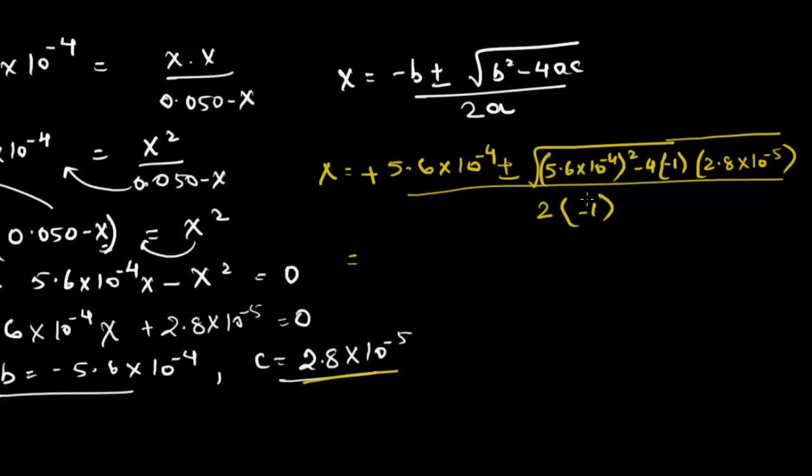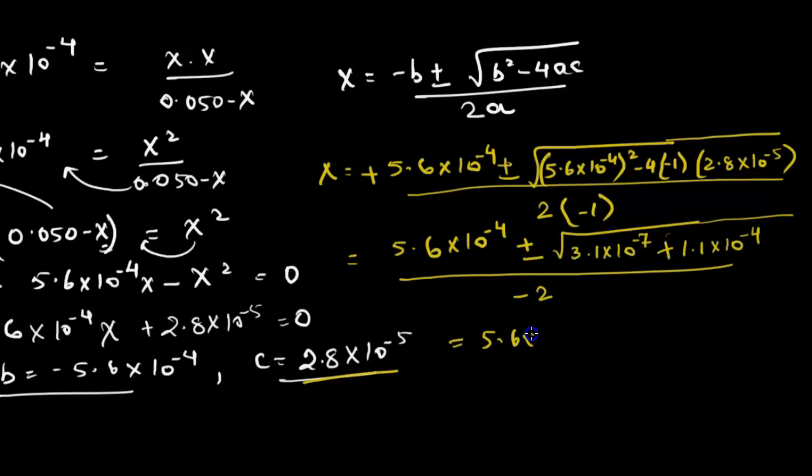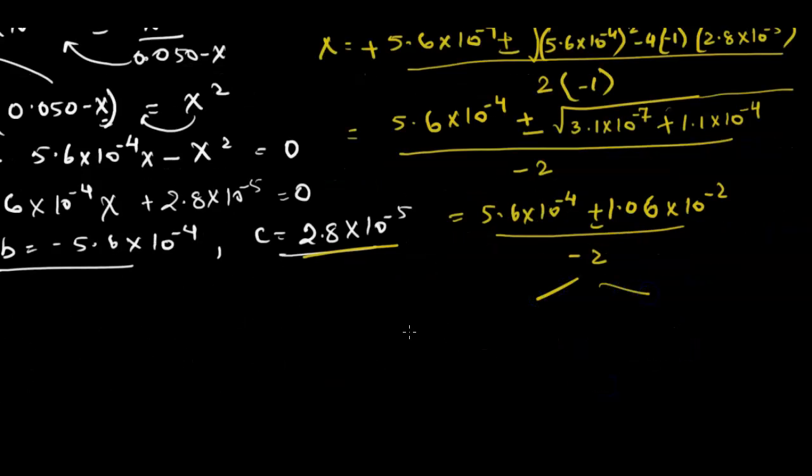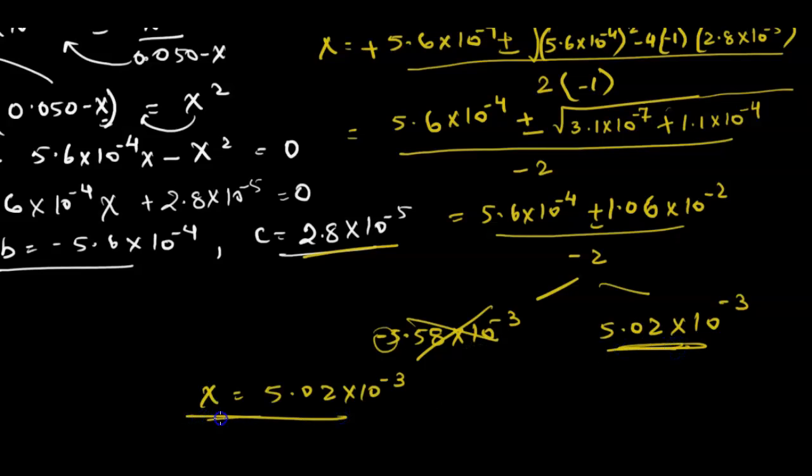When we put this all on the calculator, we get 5.6 times 10 to the power negative 4 plus minus 1.06 times 10 to the power of negative 2, the whole thing divided by negative 2. This would give us two values. One is negative 5.58 times 10 to the power negative 3, and the other value is 5.02 times 10 to the power of negative 3. Because x is supposed to be a concentration and concentration cannot be negative, we would discard this value and keep the other as the value of x.